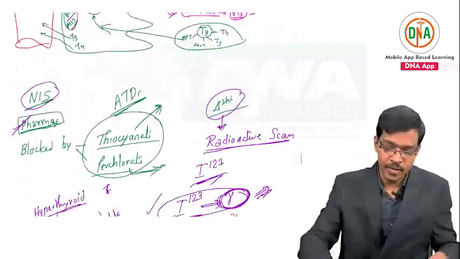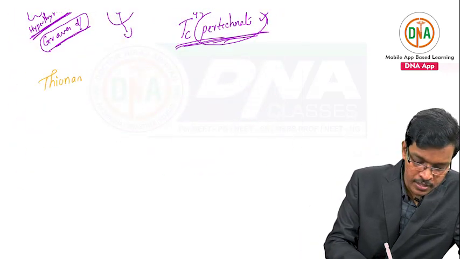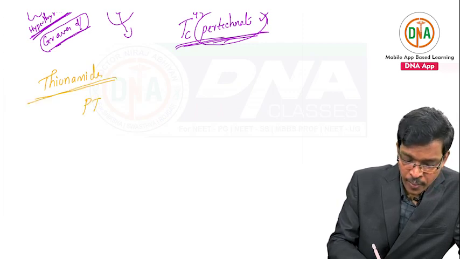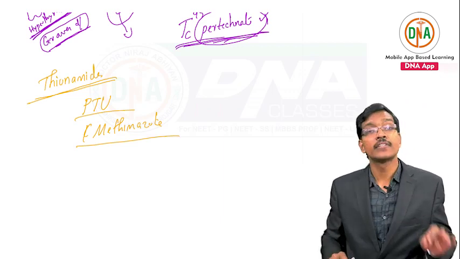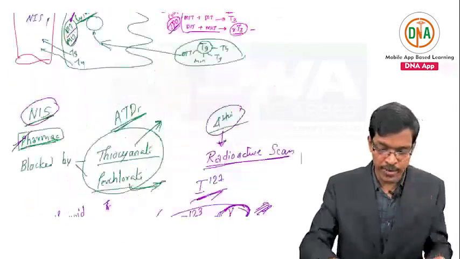Okay, the thionamide classes of drugs, they are the most commonly used drugs. The names also you know. One is propylthiouracil and second one is methimazole. So propylthiouracil and methimazole, they are the thionamides which are used as antithyroid drugs. They are blocking the TPO enzyme.